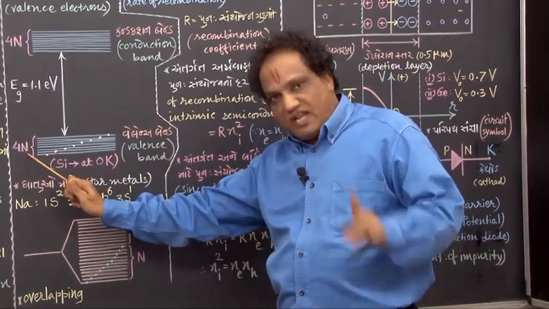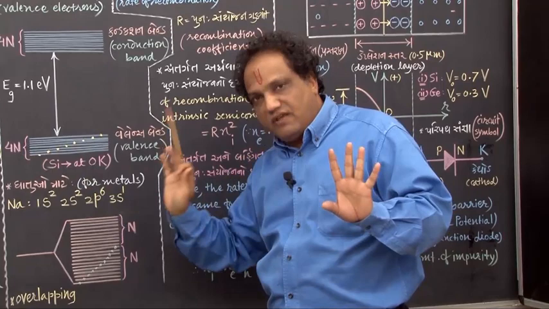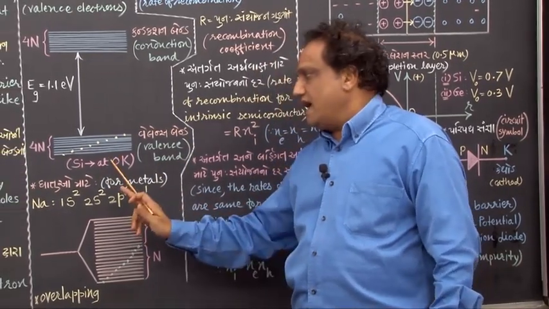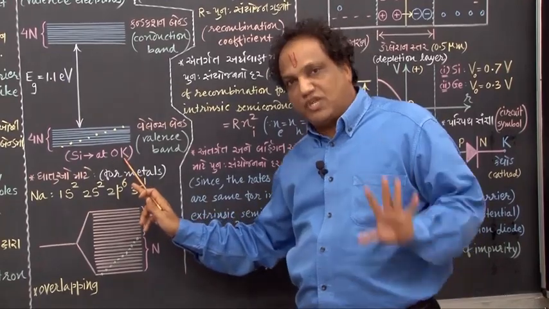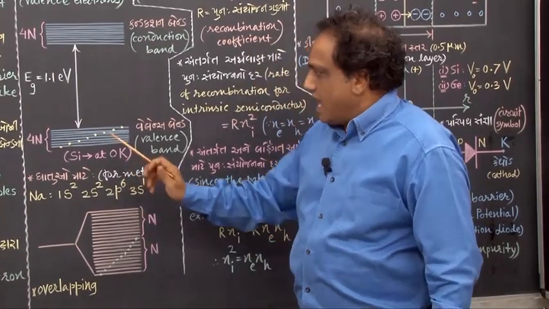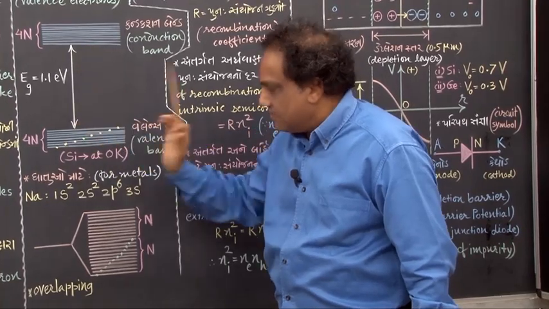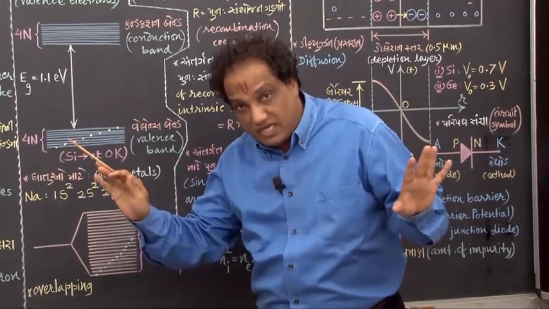So 4n valence electrons and 4n energy levels are completely occupied by valence electrons at absolute zero temperature.